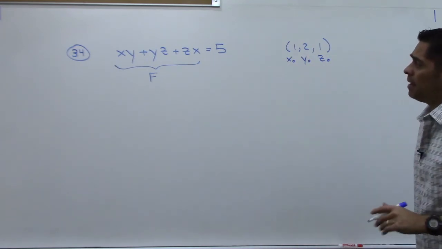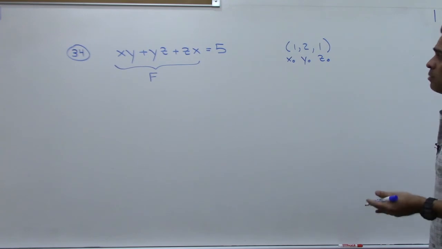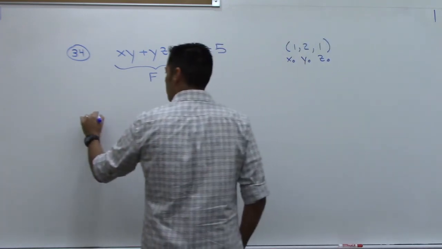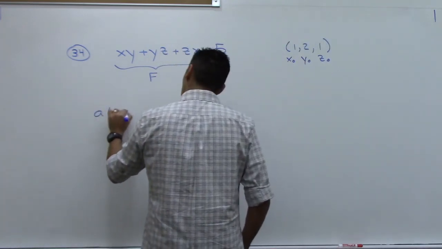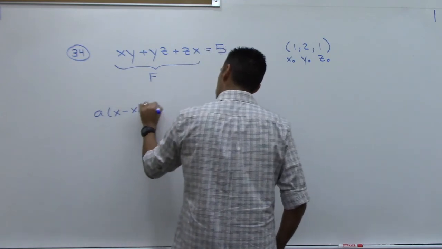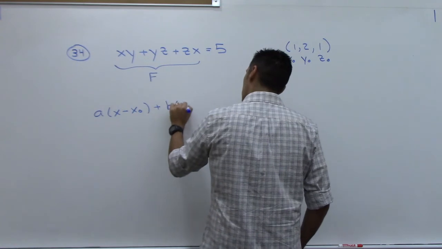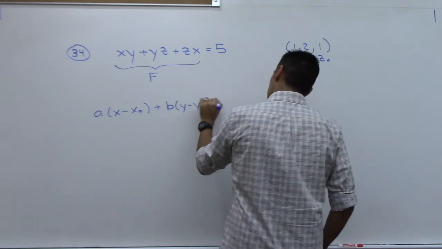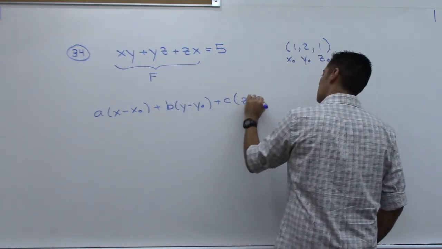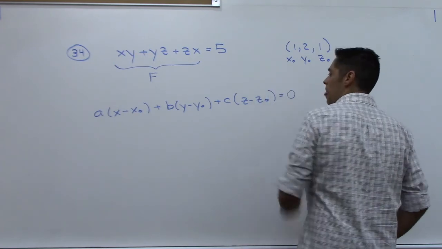And we have a formula for the equation of the plane. Remember, the general equation of a plane is a times (x minus x naught), plus b times (y minus y naught), plus c times (z minus z naught), equals 0.